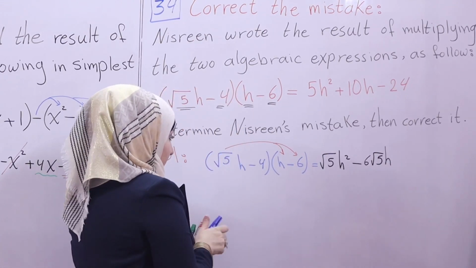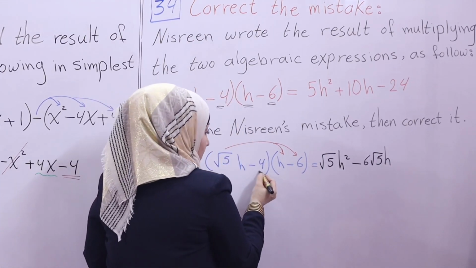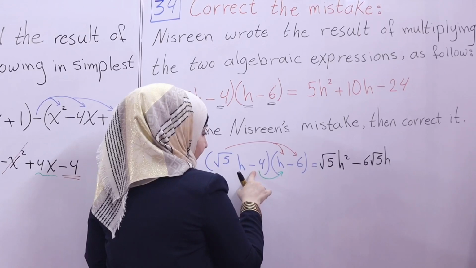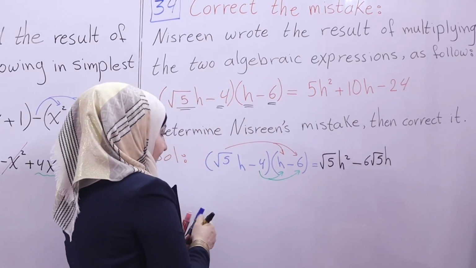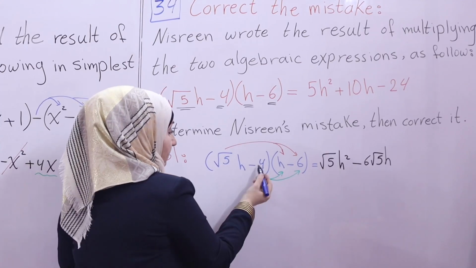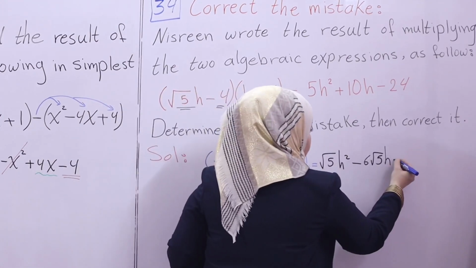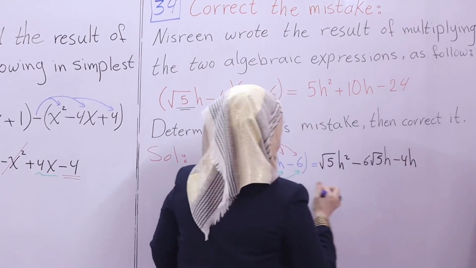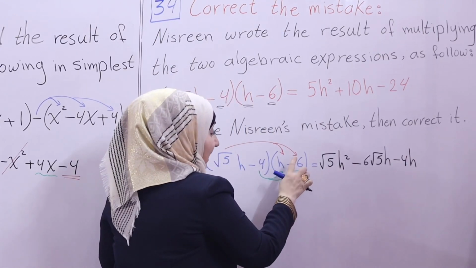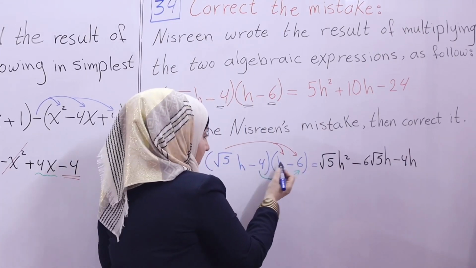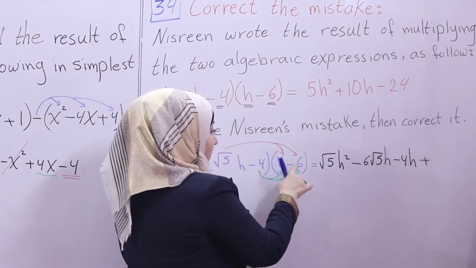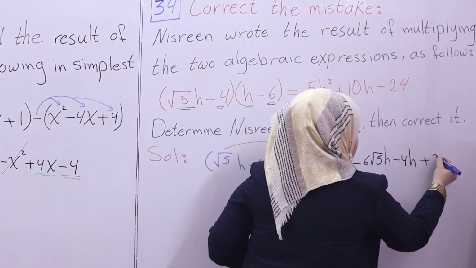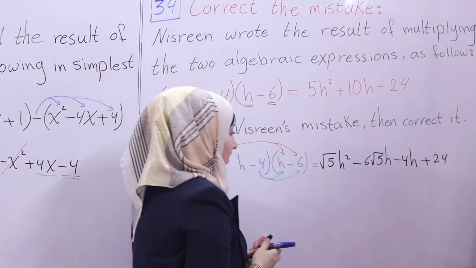And now we will take the second term with its sign. Negative 4 multiplied by h and multiplied by negative 6. And it will be negative 4 multiplied by h will be minus 4h. Negative 4 multiplied by negative 6, negative multiplied by negative will be positive. 4 multiplied by 6 equals 24.